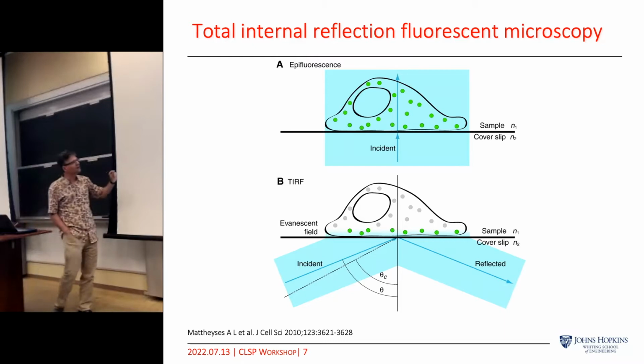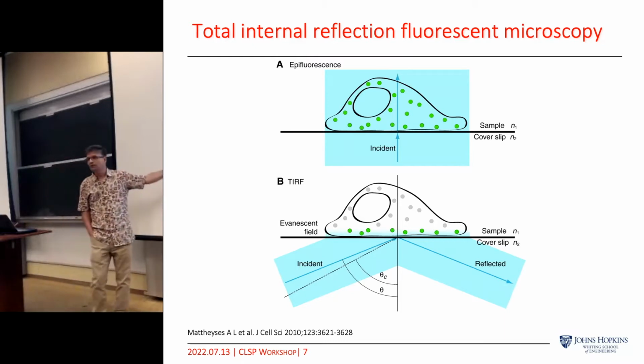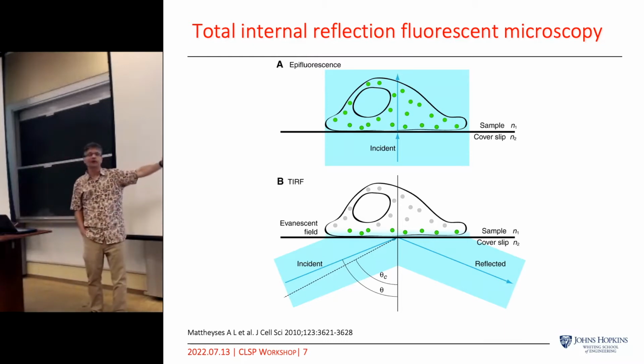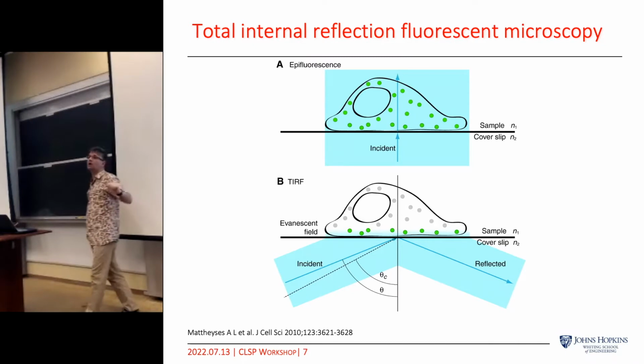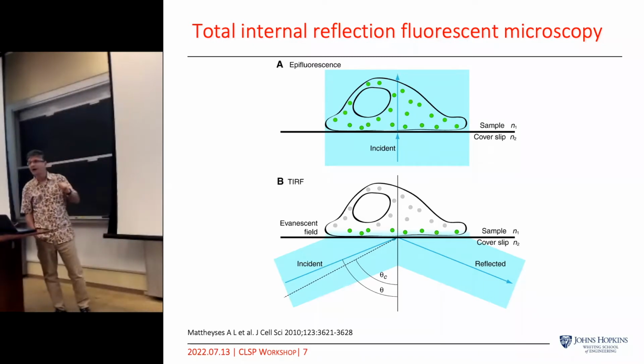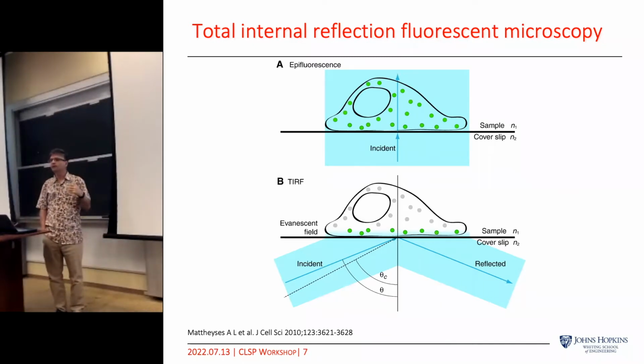What you get is this very small, what's known as an evanescent wave, where you excite the fluorophores that are very close to the bottom of the cover slip. How close? On the order of 50 to 100 nanometers. So any of the fluorescent proteins you see are right on the membrane.